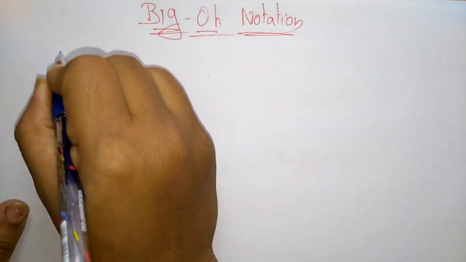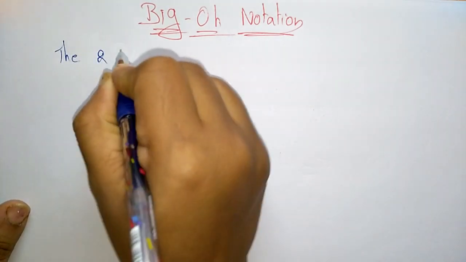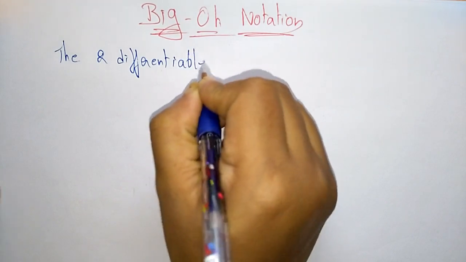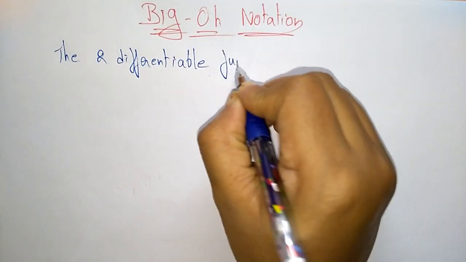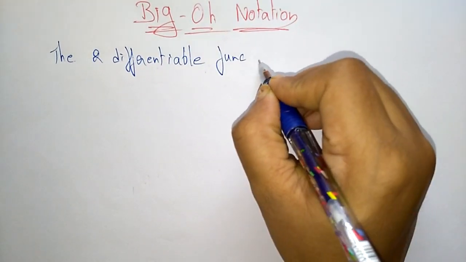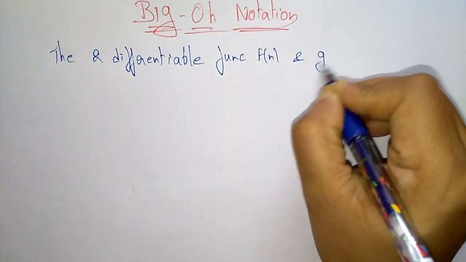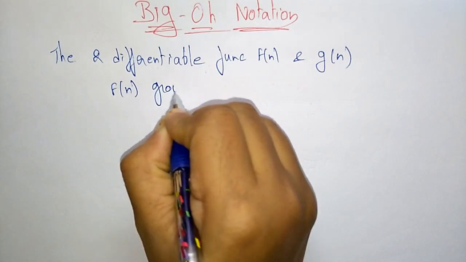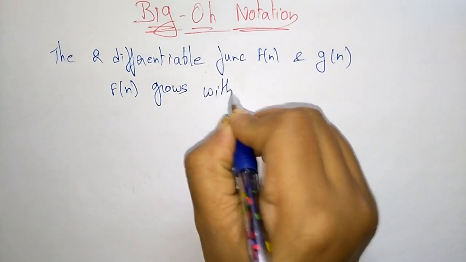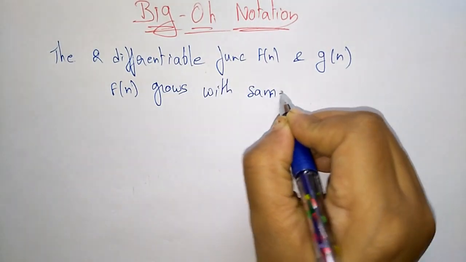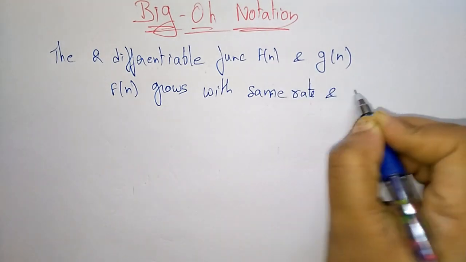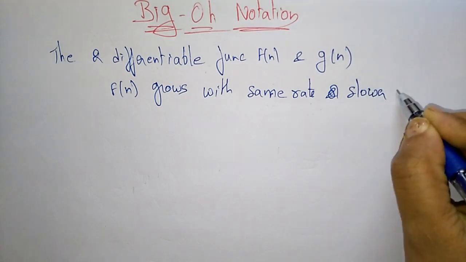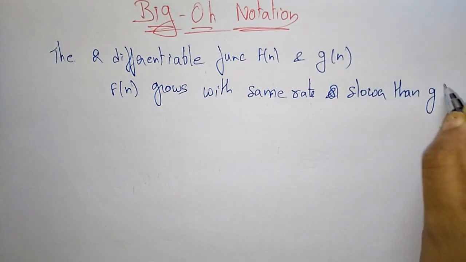So the big O notation is, let us take two functions, f of n and g of n, and say f of n grows with the same rate or slower than g of n.